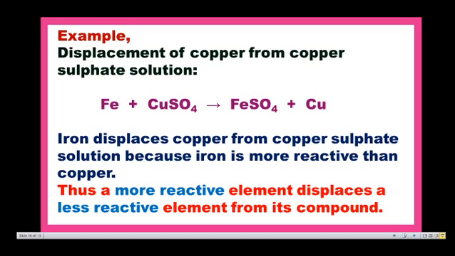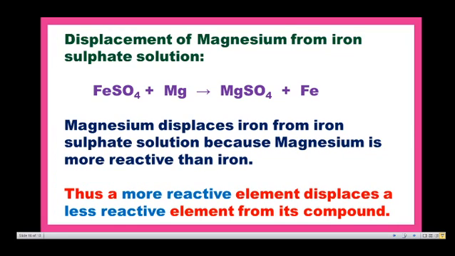The reverse reaction will not happen because copper is less reactive when compared with iron. So copper cannot displace iron. But iron can displace copper in its solution because iron is more reactive than copper. Okay, so copper sulfate plus iron gives iron sulfate plus copper.